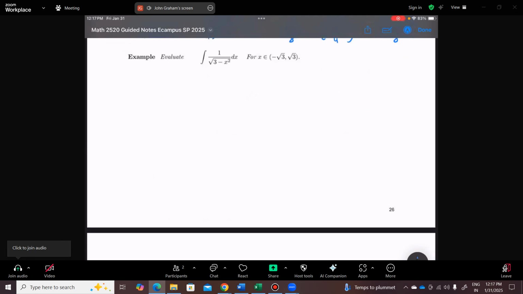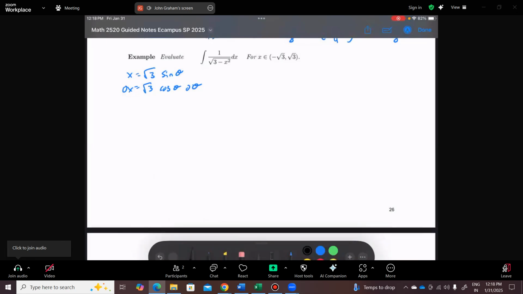This next one, we have 1 over the square root of 3 minus x squared. Here we'll let x be equal to square root of 3 sine theta. So dx is equal to square root of 3 cosine theta d theta. And so we can make our integral then look like square root of 3 cosine theta d theta on the top.